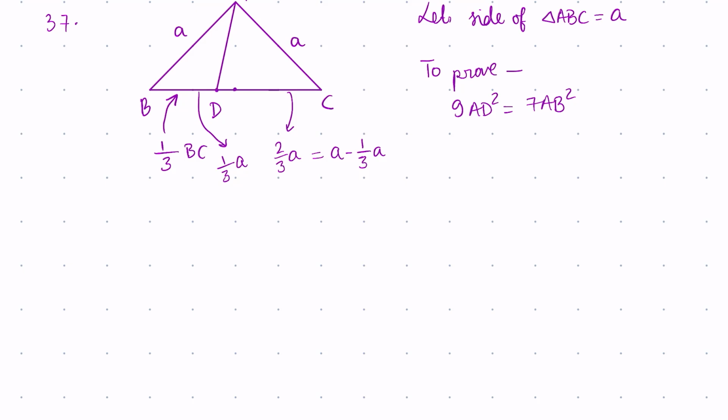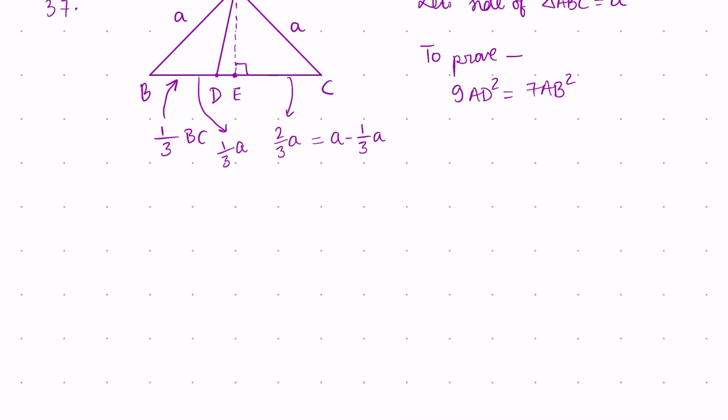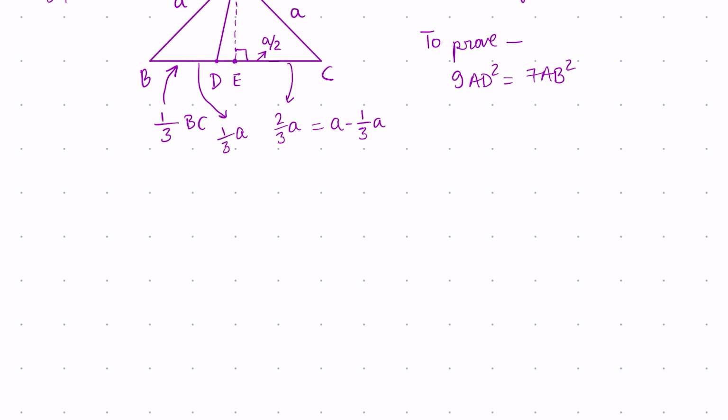So this is the midpoint of BC. Let's name it E or something. So that's the height of the triangle ABC. That's the altitude. So what's the length? So this part is a by 2 because that's the midpoint. So what's the height of the triangle?